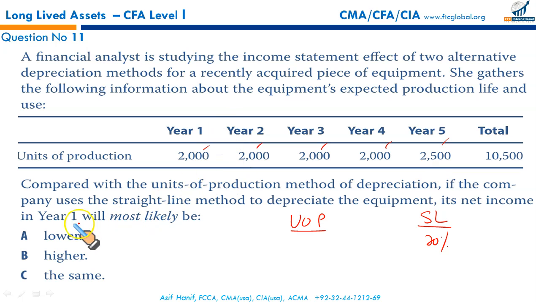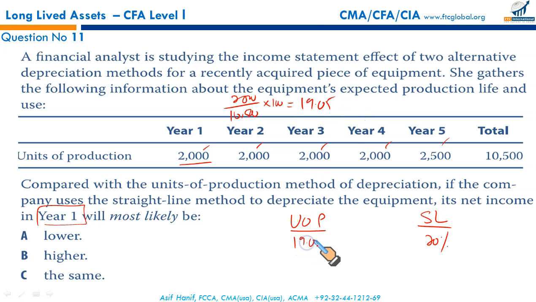In year 1, we produce 2000 units. So these 2000 units will be what percentage of the total expected production? 2000 upon 10,500 times 100, which is 19.05.